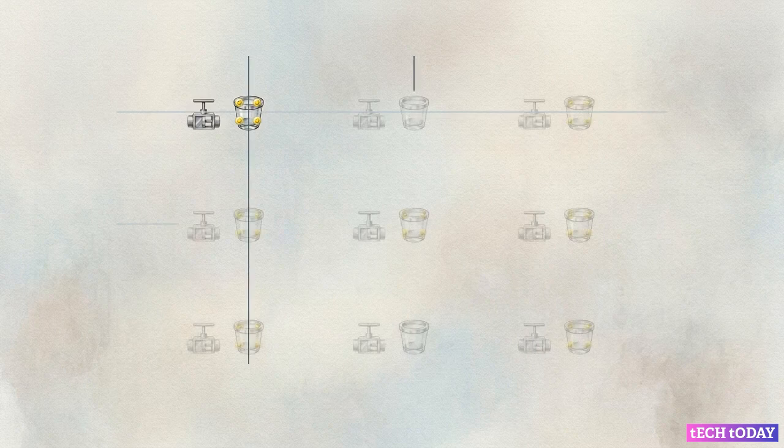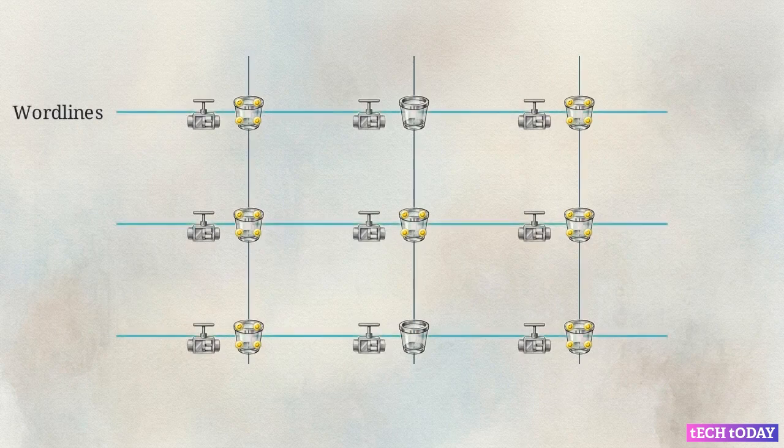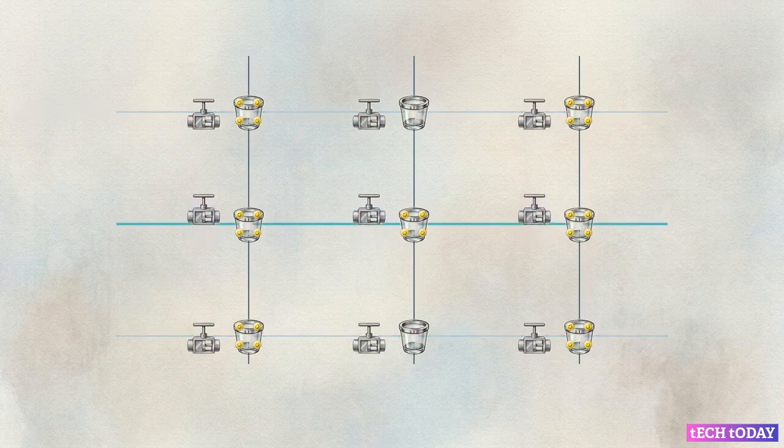To create usable memory, this specific cell structure is duplicated millions of times and arranged into a vast rectangular matrix of horizontal rows and vertical columns. The horizontal rows are connected by metal traces called word lines. Driving a specific word line high activates every single transistor across that entire row simultaneously.